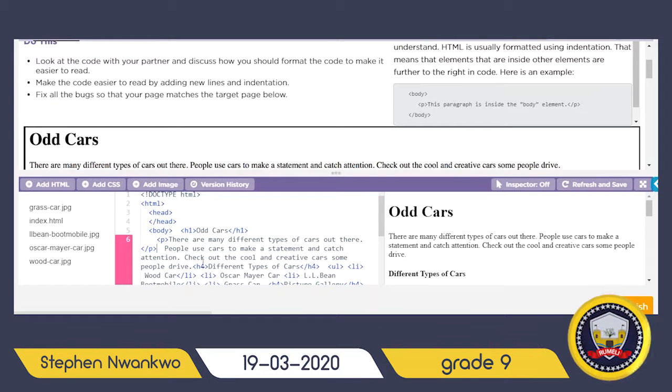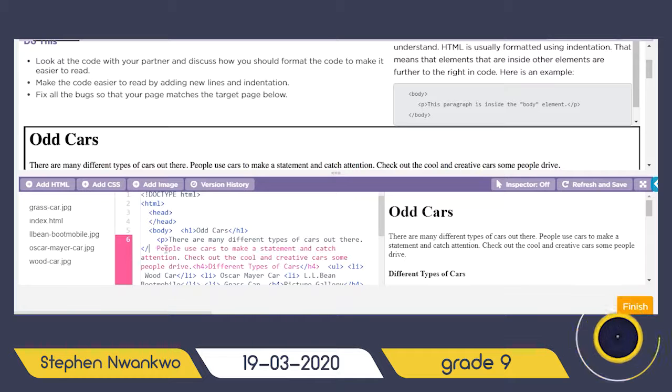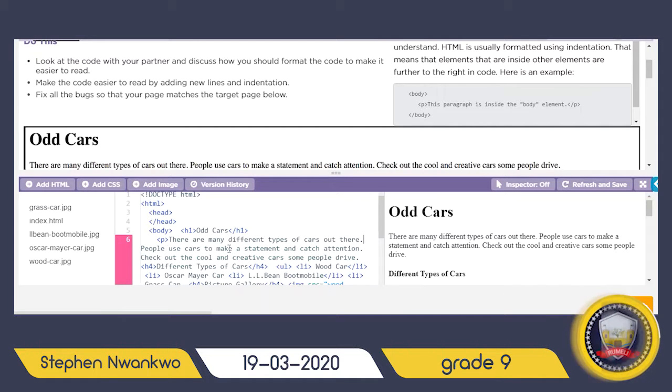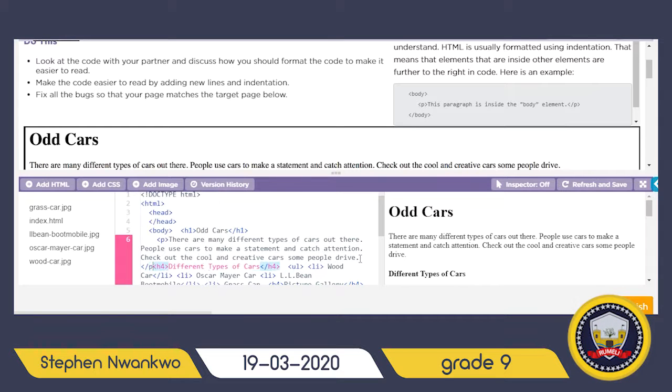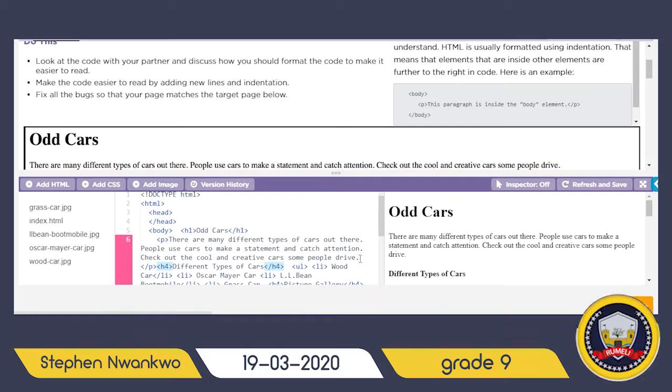Okay, that is it. So there are many. Okay, you remove this. The paragraph is supposed to end at drive P. You close it.